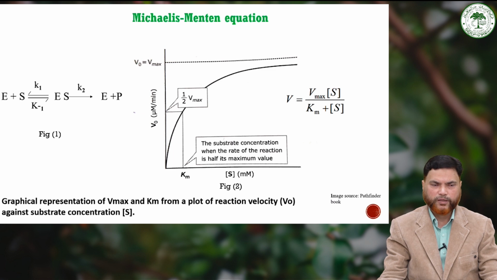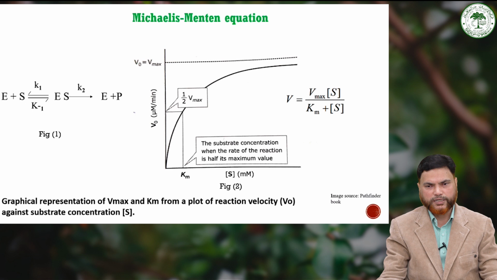As per this Michaelis-Menten concept, we can measure how fast an enzymatic reaction occurs with different amounts of substrate. The rate of reaction depends upon the concentration of substrate. Here on the x-axis substrate concentration has been taken, and on the y-axis rate of reaction.